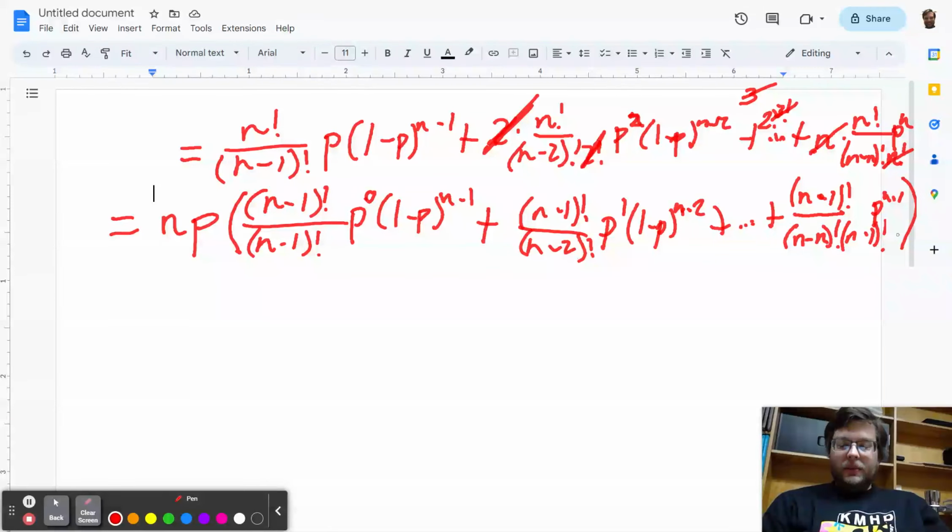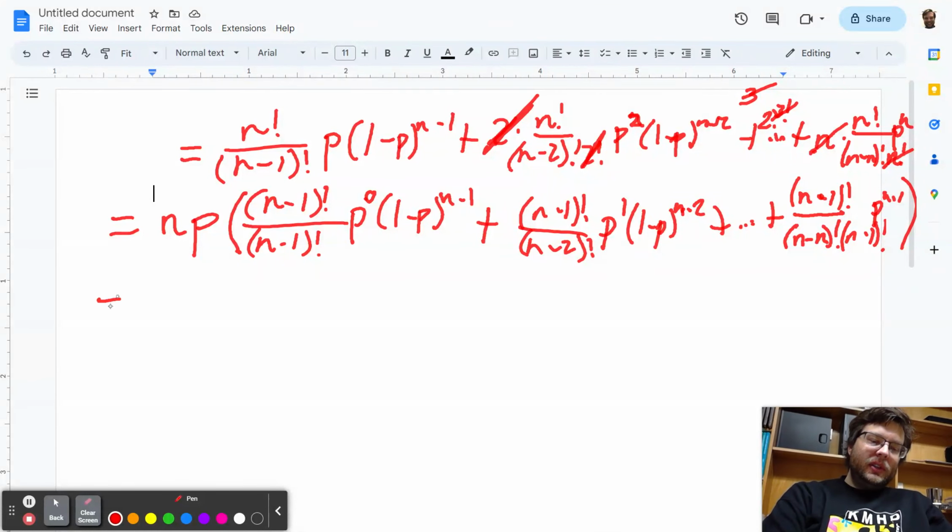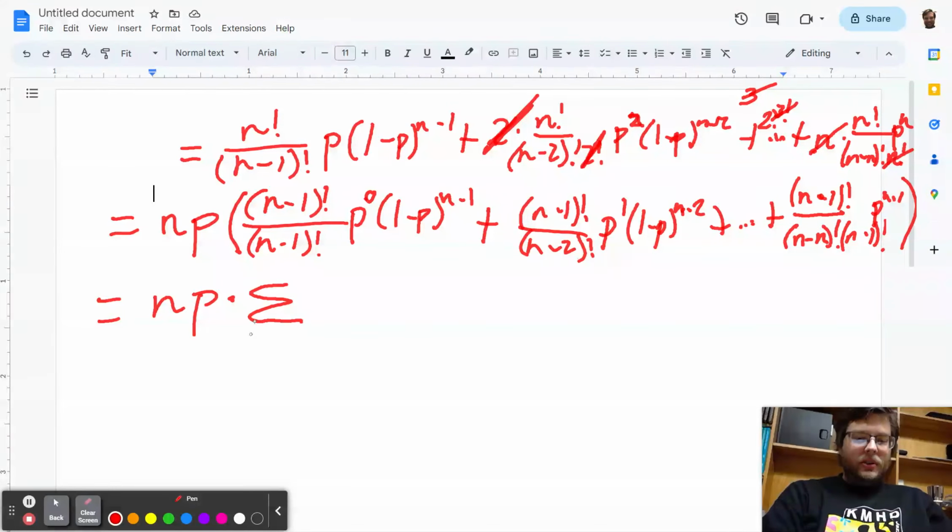Now, it might take a little bit of imagination to see what's happening here. All of the terms on the right now can be written as some sort of a sum. And the sum goes from k equals 0 up to n minus 1.